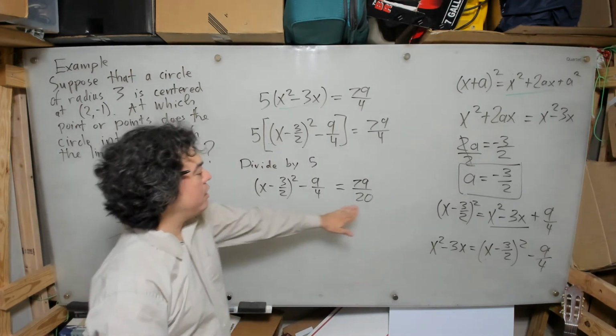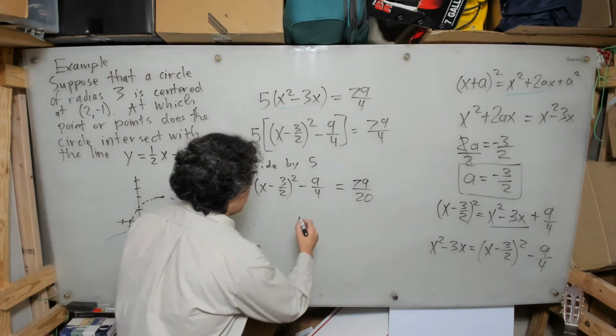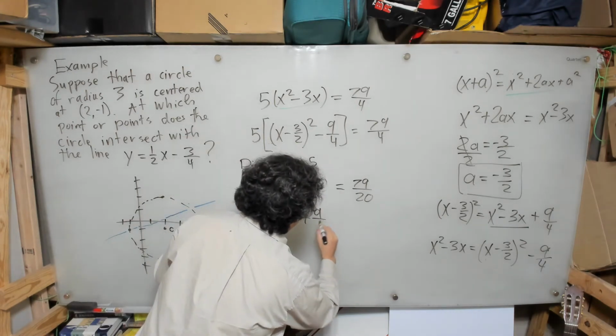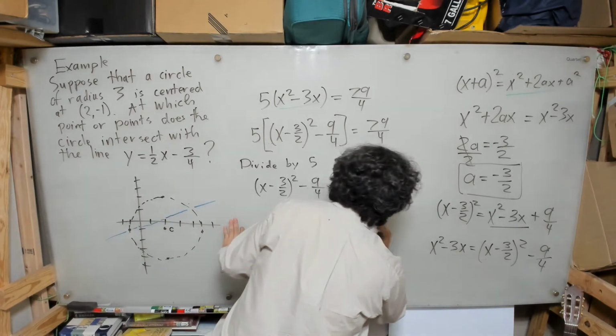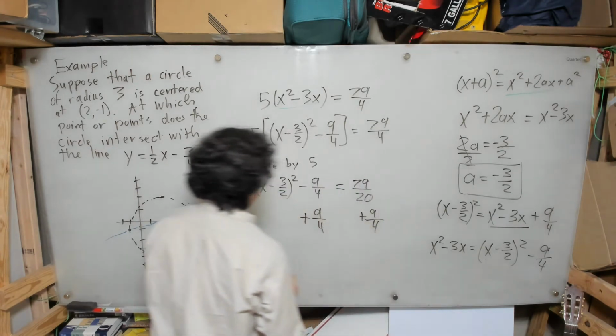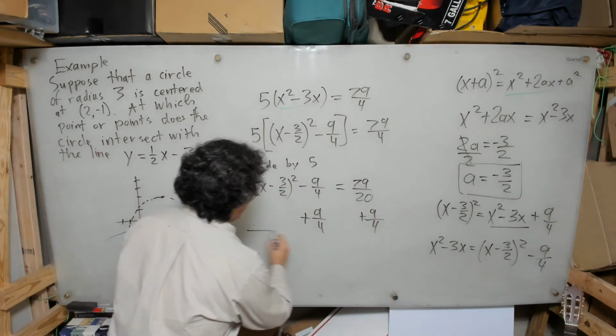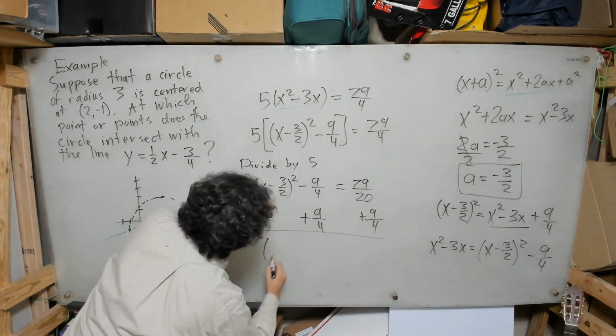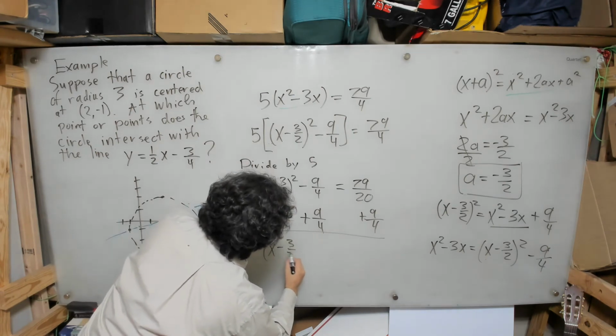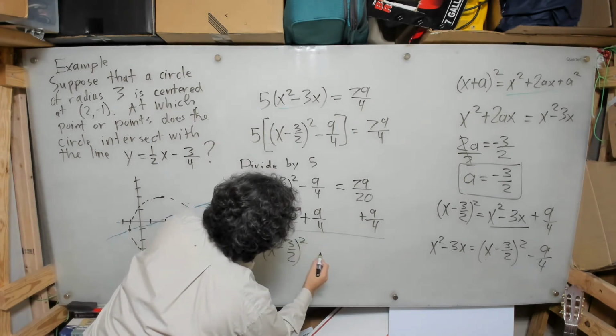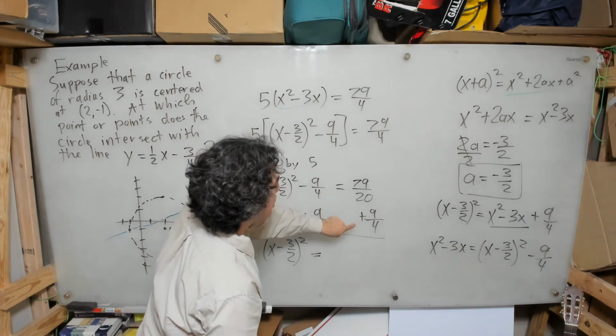Now I'm going to add the 9 over 4 to the other side. So I'm going to be left, on the left-hand side, with (x minus 3 over 2) squared equals, and then this plus that.